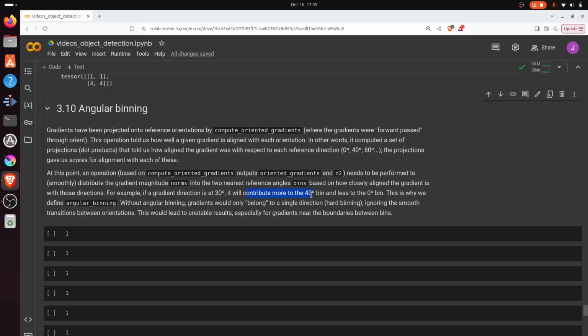So it gives us more precise information, whether this gradient is close to 40 or 0 degrees.